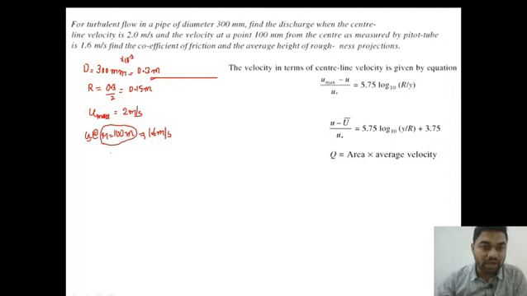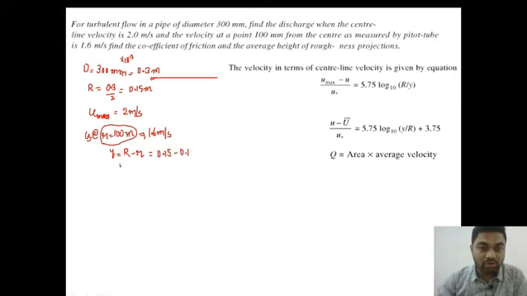So now let us calculate the distance from the pipe wall. It is calculated by the formula y is equal to capital R minus small r. What is the value of capital R? Capital R is 0.15. And what is the value of small r? 100 mm, which is 0.1.